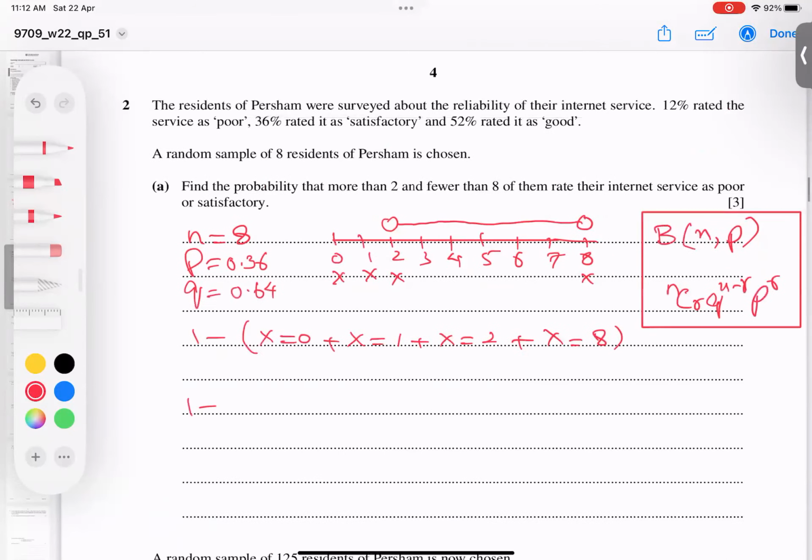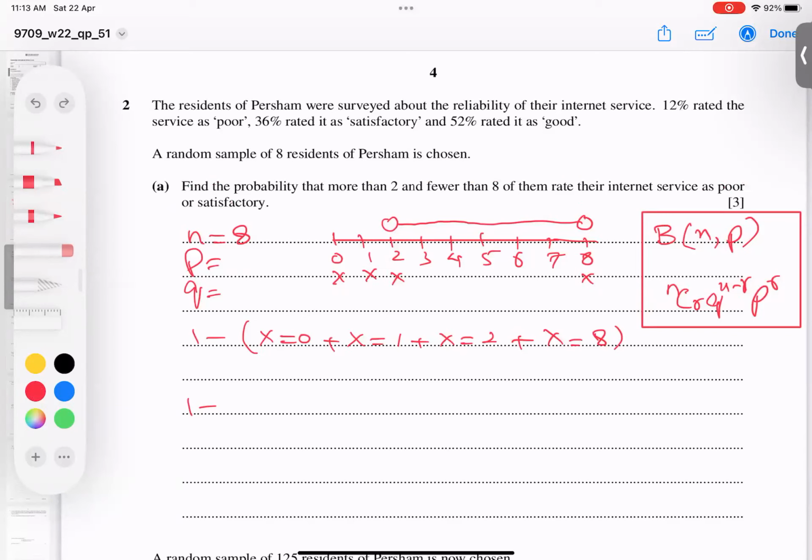Sorry, he said service poor or satisfactory, not satisfactory only. So poor and satisfactory. Let me recheck.